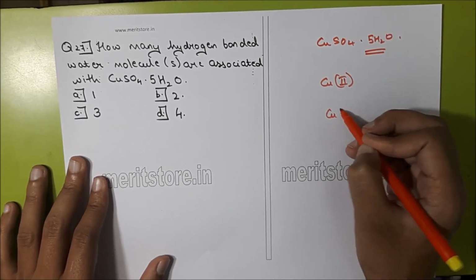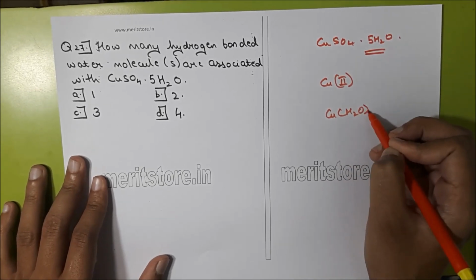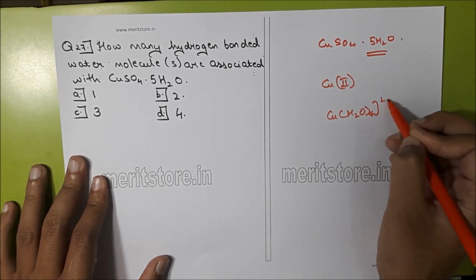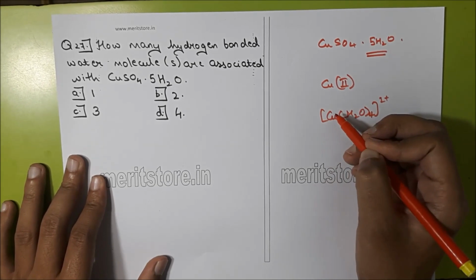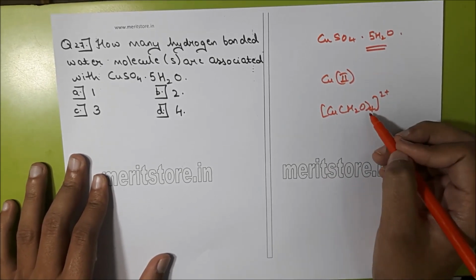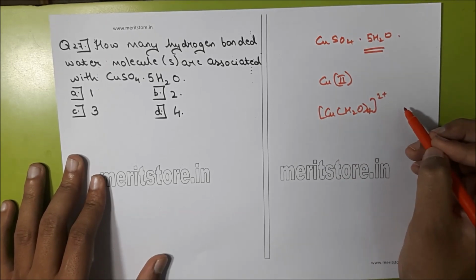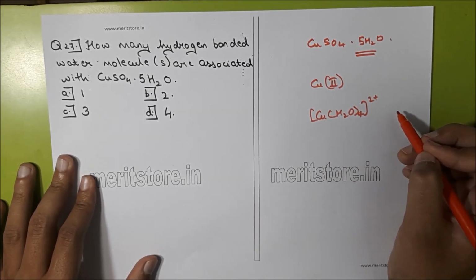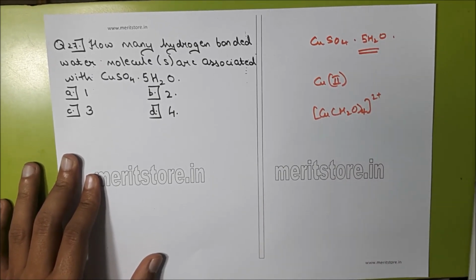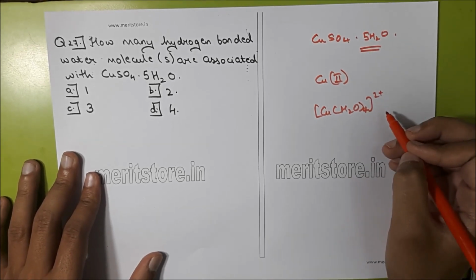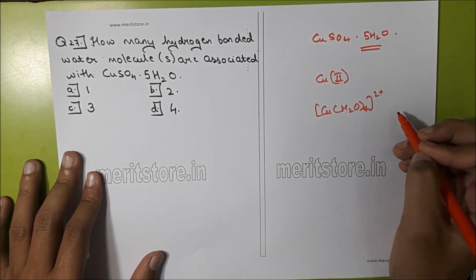So we can write this as Cu(H2O)4 2+. In the coordination sphere, there are 4 water molecules directly attached to the copper ion, and only 1 water molecule is outside the coordination sphere and is involved in hydrogen bonding.